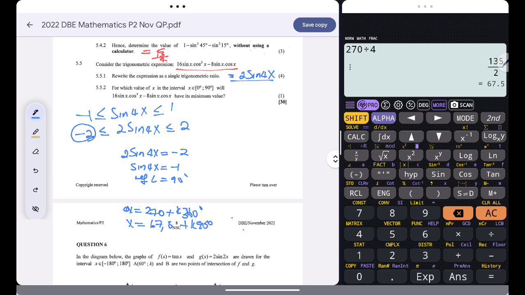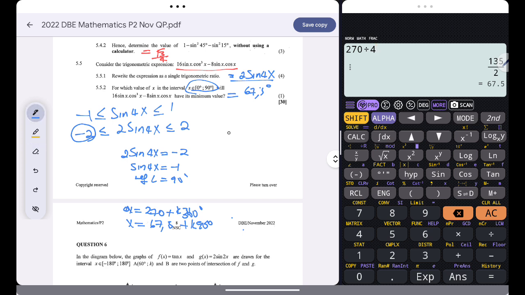Are you together? So whenever I substitute the values of k there, the only one that will give me an answer within this restriction is when I substitute 0 for k, then I'll get my x value to be equal to 67.5 degrees. But guys, this thing was just 1 mark.